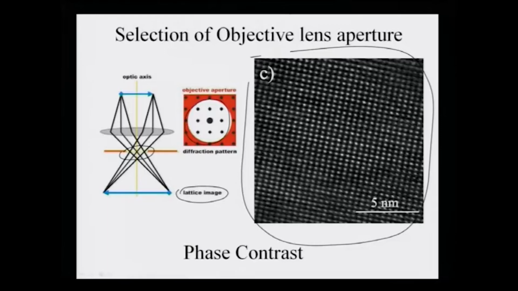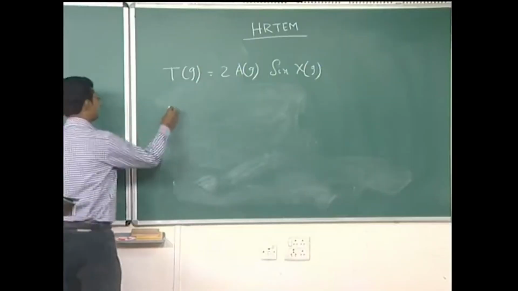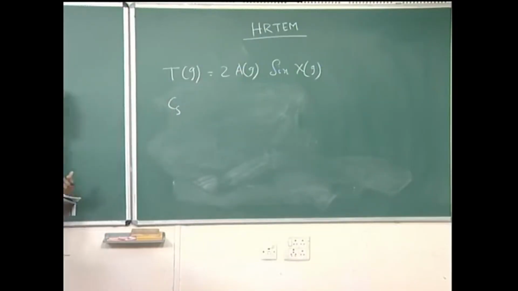The studies indicate that psi z basically depends on three factors, or it actually has a combined effect of Cs, the spherical aberration constant of the lens. As I said, any lens is not a perfect lens. Like in a camera, we know that lenses have spherical aberrations, mostly.